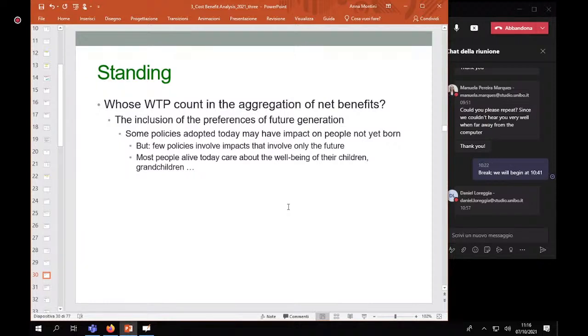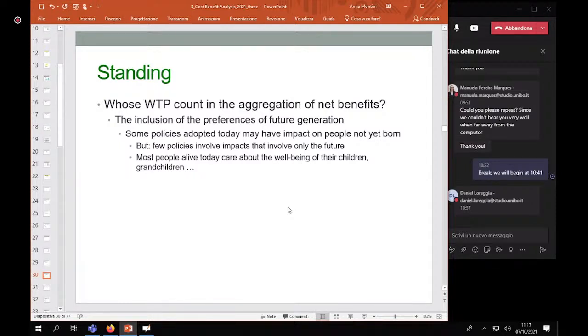So, in many situations, we are used to asking the willingness to pay of individuals of the present generation, without considering the desires of future generations. But sample surveys to ask people about their willingness to pay for projects are very frequent.